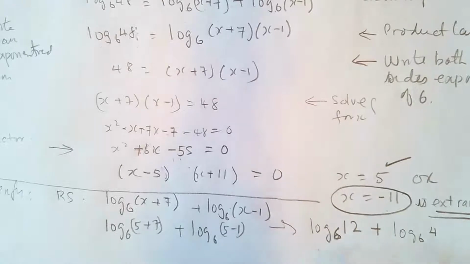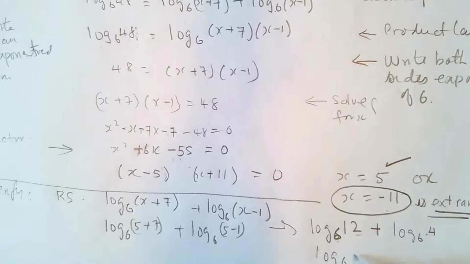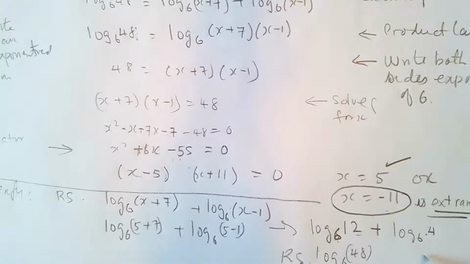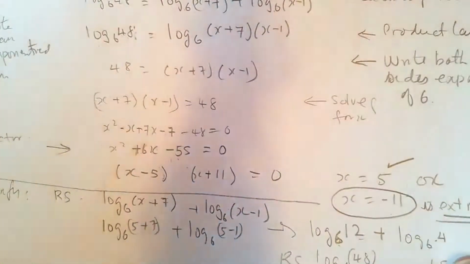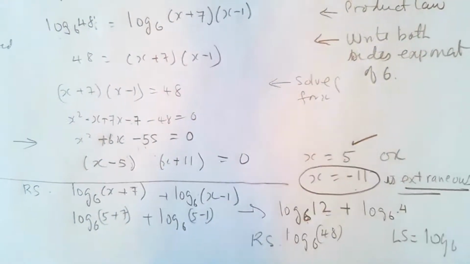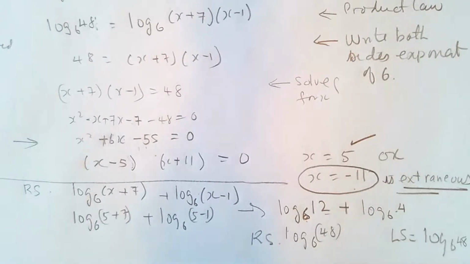Use our product law here to simplify. So we have log 6 of 12 times 4, which is 48. So this is my right side, and the left side is also equal to log 6 of 48. So that's verifying our solution.